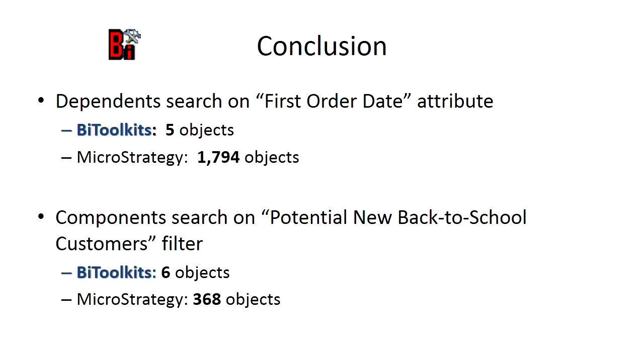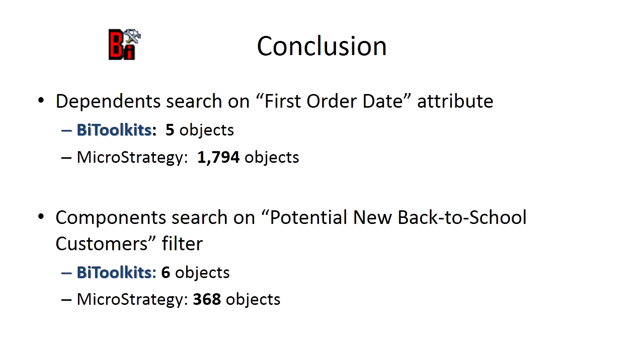This is meant to be a quick demonstration on the power of the dependence and components search algorithms in BiToolkits. There are many productivity tools built into BiToolkits. In subsequent sessions, we'll show you how to effectively use various tools in BiToolkits to increase productivity.